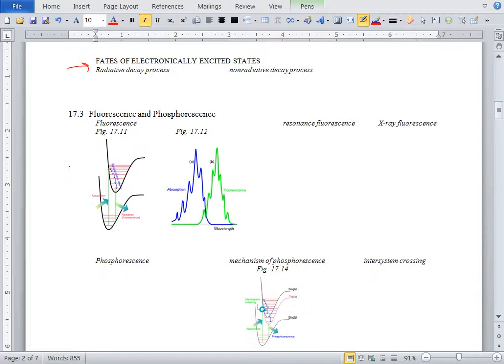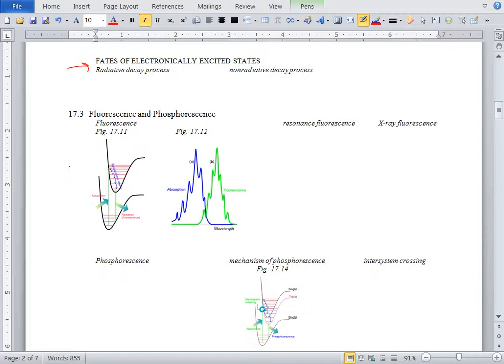This is a what type of transition? Yeah, vertical transition. It's a vibronic transition. It's an electronic transition. Both of those words work great. Vibronic is a little more explanatory because not only is it electronic, it's also vibrational all at the same time.